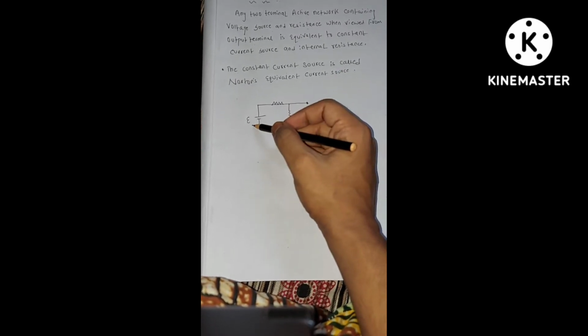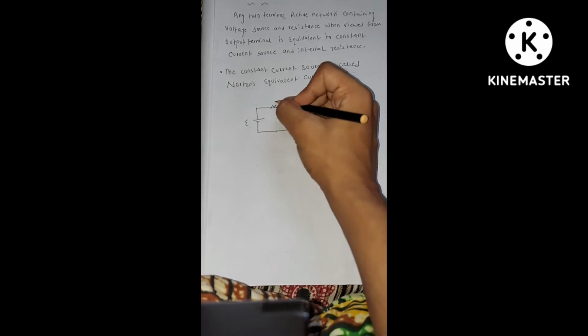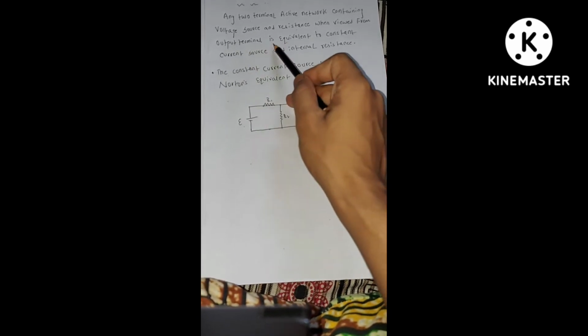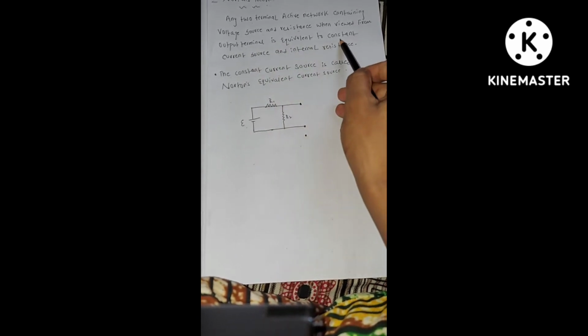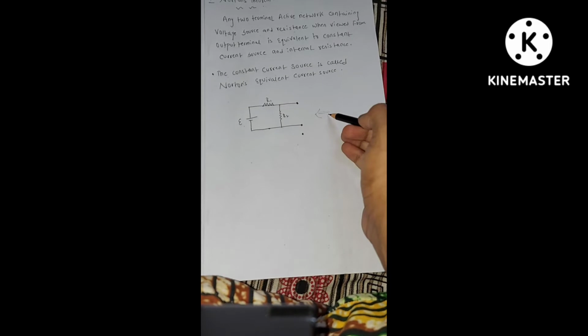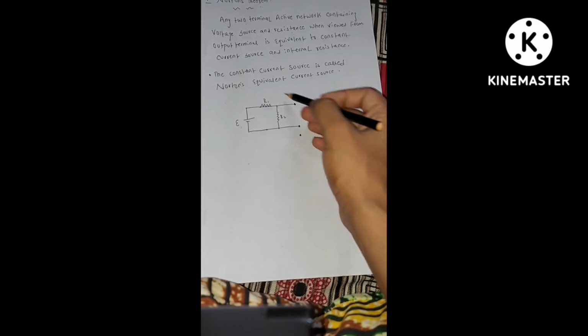So one voltage source and two resistances, R1 and R2 respectively. So when viewed from the output terminal, it is equivalent to a constant current source and its internal resistance.